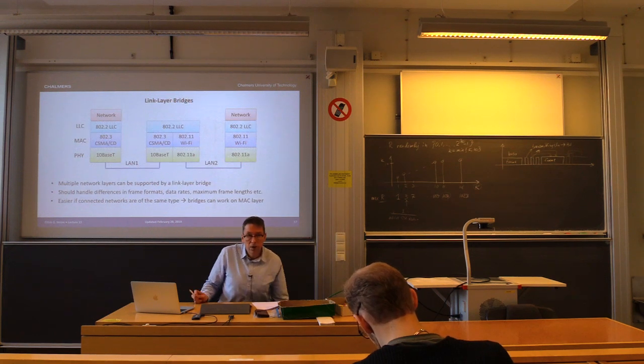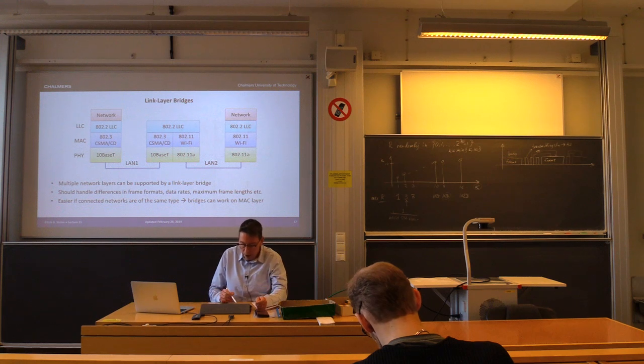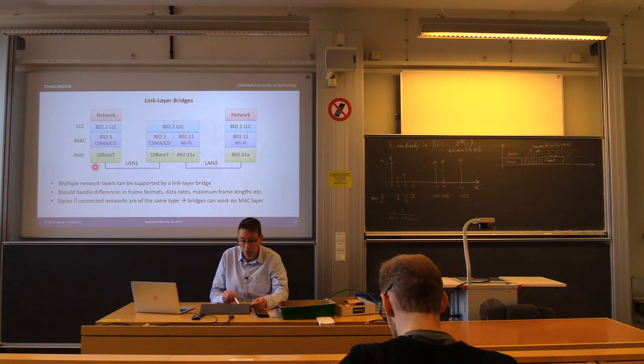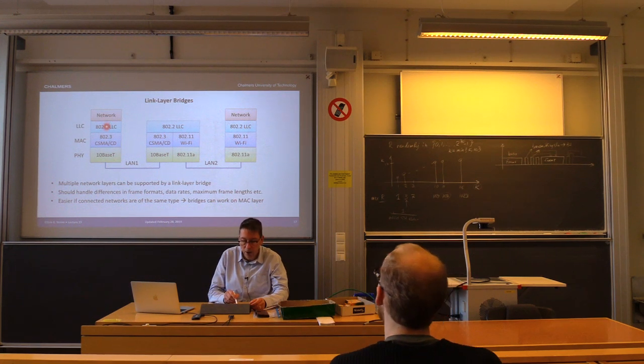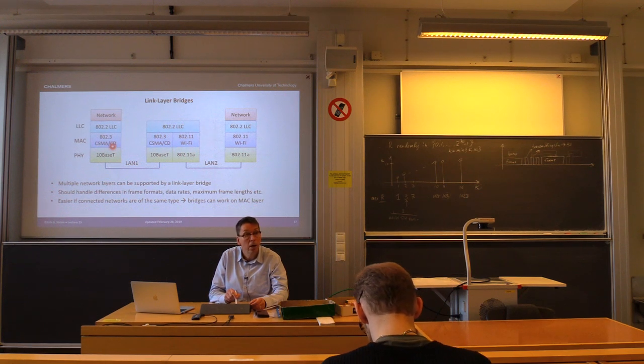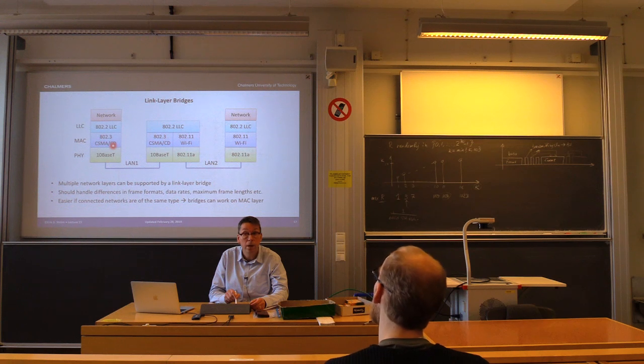If we want to look at this in a protocol, let's take a practical protocol stack, the ones which are by 802, so IEEE. So suppose we have some network here, and there's a network layer here. Then it goes down to an LLC layer, and then say that this is an Ethernet layer.